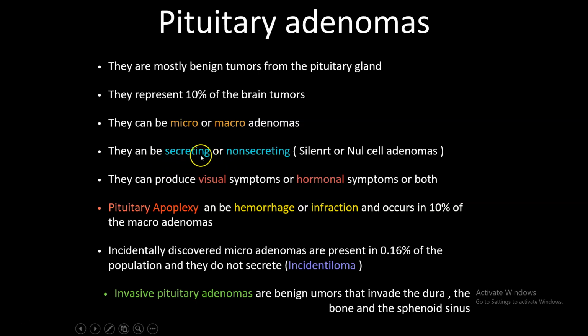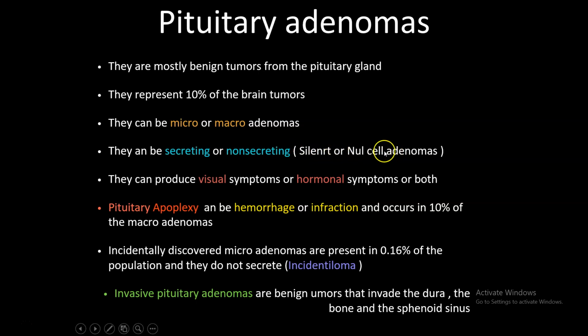The secreting adenomas can secrete, as you know, ACTH, causing Cushing, or growth hormone, causing acromegaly and gigantism, or they can be secreting prolactin, causing hyperprolactinemia, or non-secreting, either silent or null. Silent is a non-secreting adenoma, but having the hormones inside the cell. Null cell adenoma has no hormones inside the cell. So the non-secreting can be divided into silent and null.